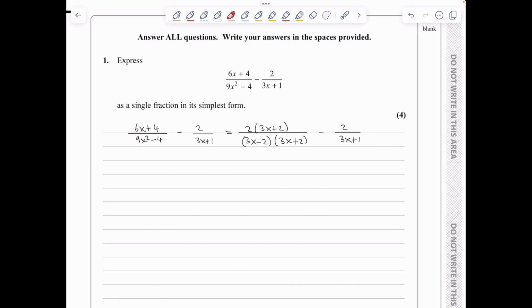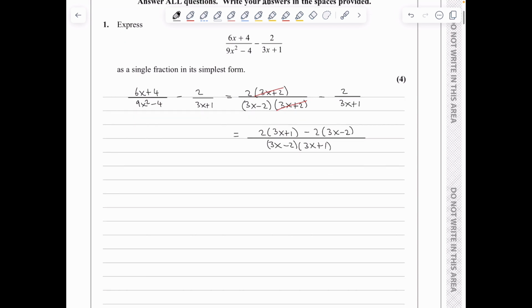Well, notice that the 3x + 2 will cancel out, and I will be expressing everything over the same denominator of (3x − 2)(3x + 1). So the first term will be multiplied by 3x + 1 to give me 2(3x + 1) − 2(3x − 2).